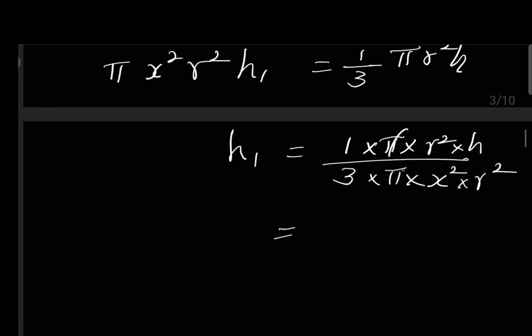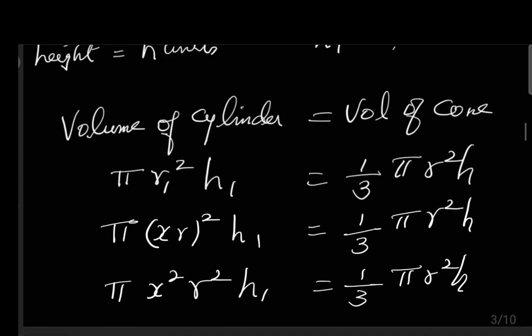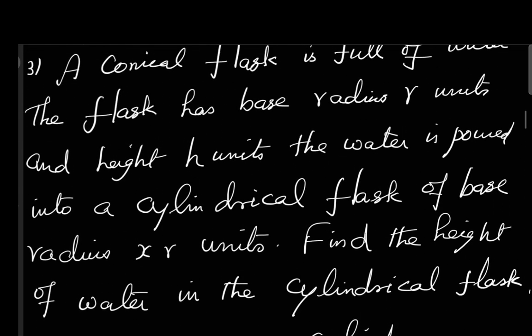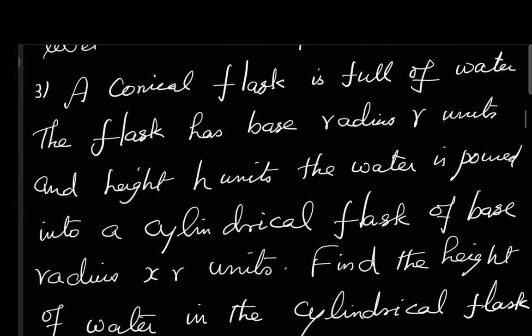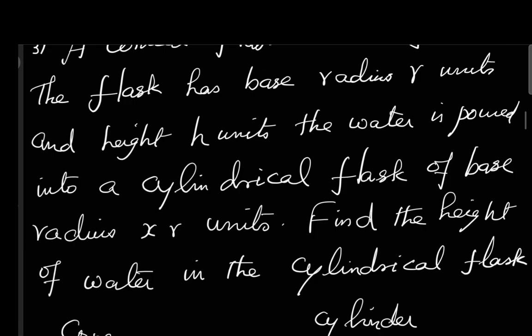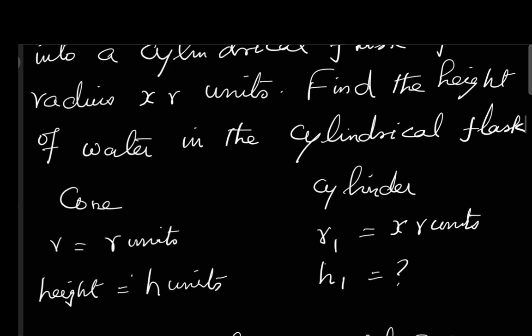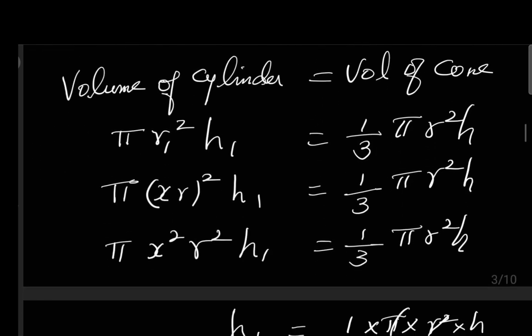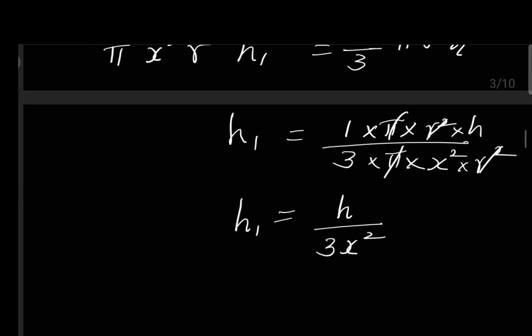So pi gets cancelled, this r squared gets cancelled. That's all. So the remaining terms are h by 3x squared. So this is h1. When you transfer the full water from the conical flask to the cylindrical flask, the water raised in the cylinder is at the height of h by 3x squared units.